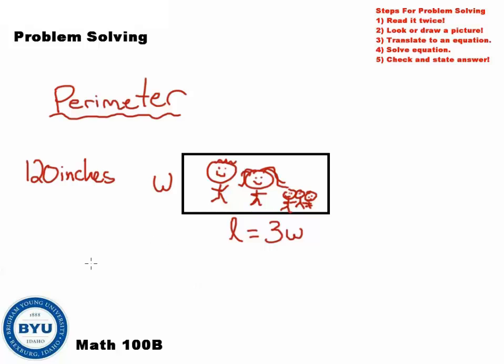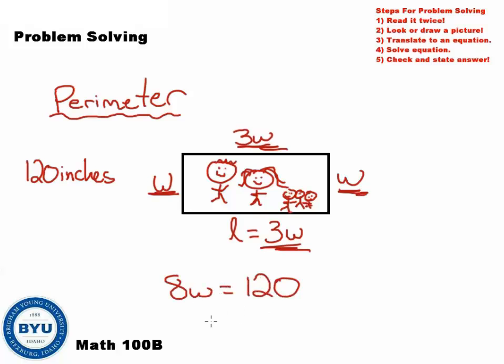Okay, so we know that perimeter is the distance all the way around. So this would be W, this would be 3W, this would also be W, this would also be 3W. And so we could set up this equation by adding all these W's. We'd have 3W, 6W, 7, 8W's. And it would be 8W equals 120 inches.